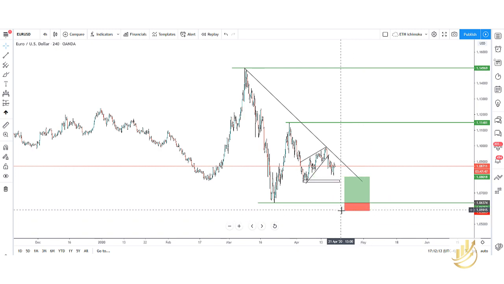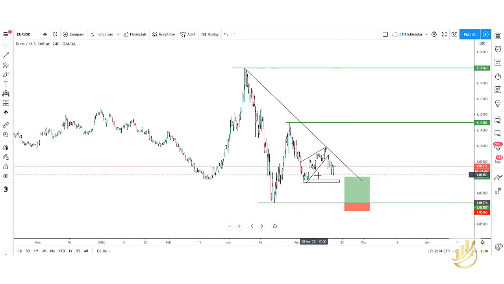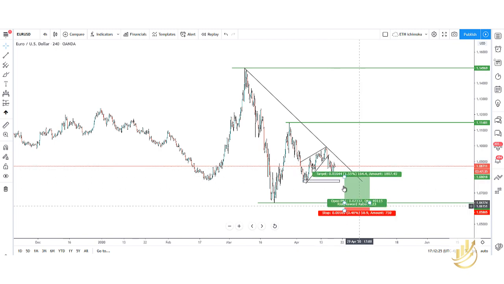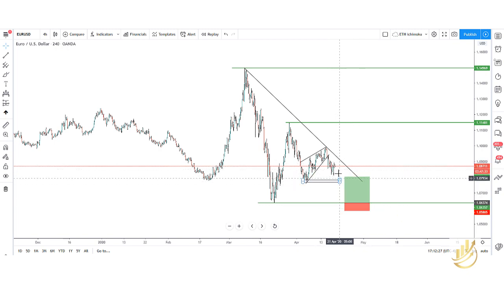Some basic calculation, so the structure clearly says that Euro is going to get weaker. Even if not talking about the long run, at least in the short run we can see price make a little uptrend to this area, and if price rejects that, we can see a low.